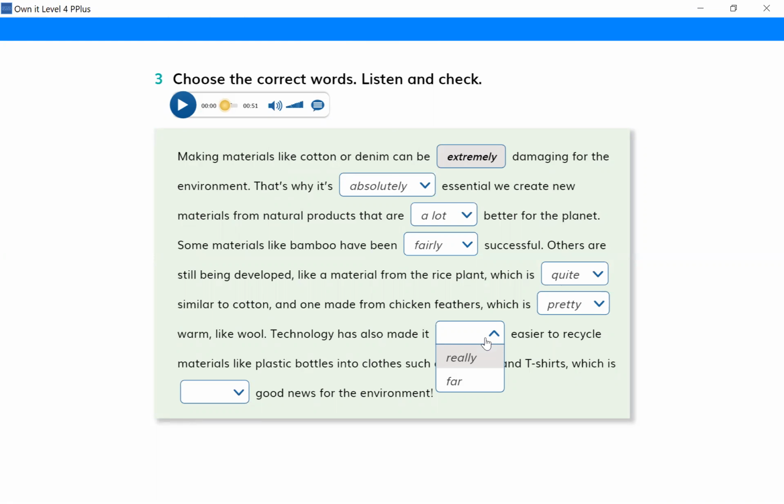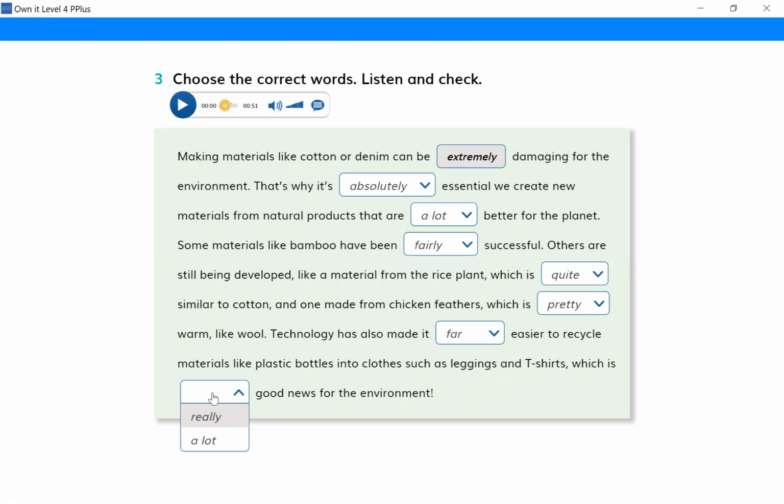Okay, you're typing your answers. Yeah, remember the modifiers a lot and far, a bit and a little. We were supposed to use them right before comparative adjectives. Far easier to recycle materials like plastic bottles into clothes such as leggings and t-shirts, which is really good news for the environment.